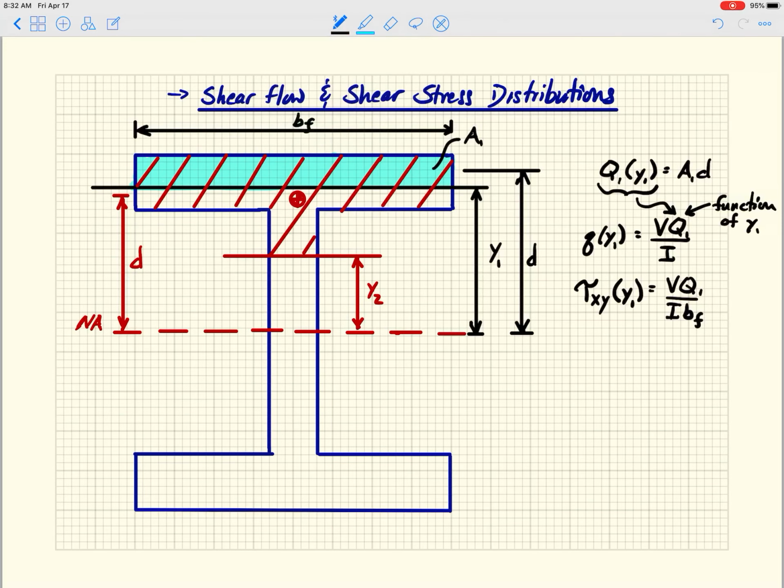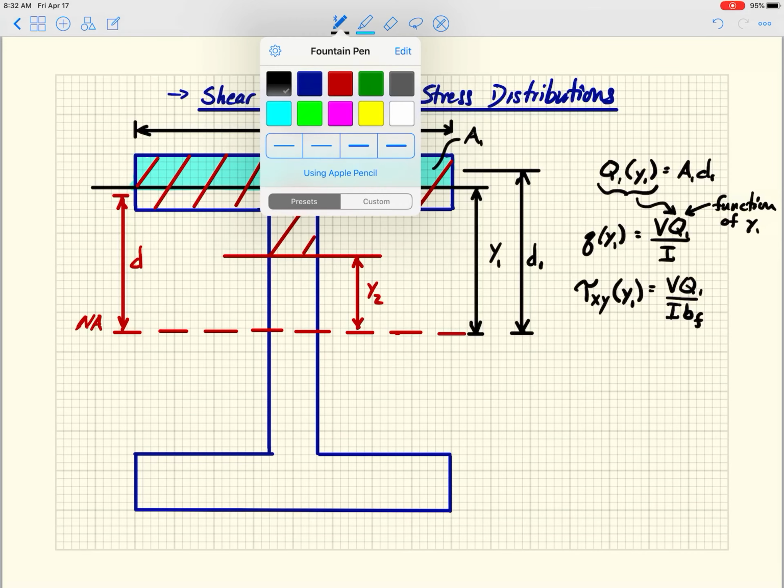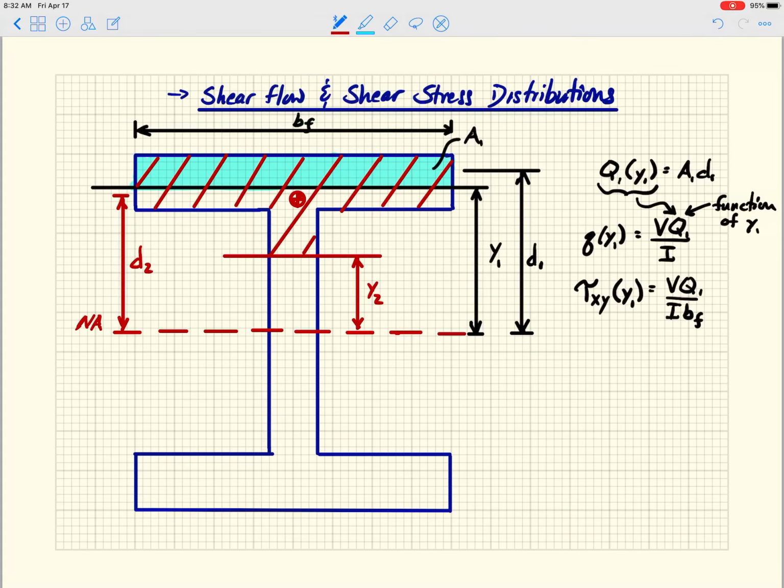So in fact, maybe what I'll do, let me go back a second. I'm going to call this guy D1, so there's no confusion. And then I'm going to call this guy D2, right? So I'm just conceptually calculating the shear flow and the shear stress for these two locations, Y1 and Y2.